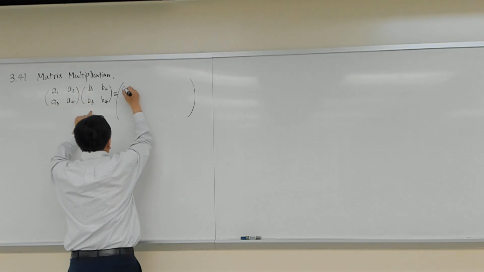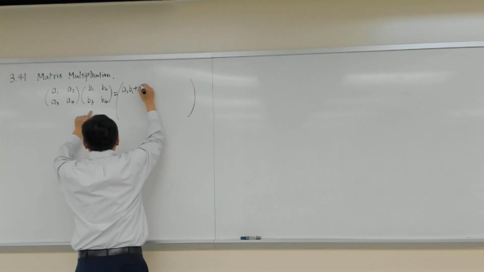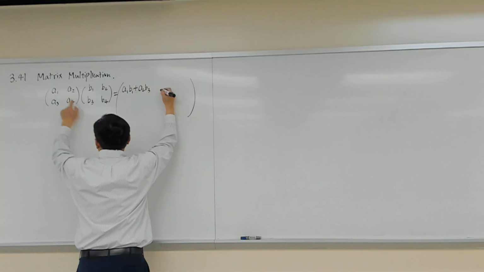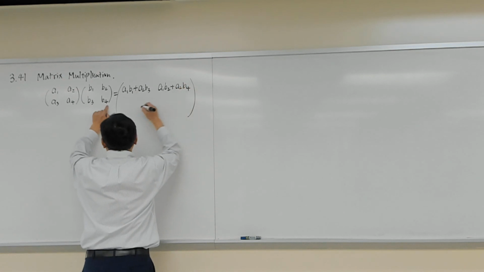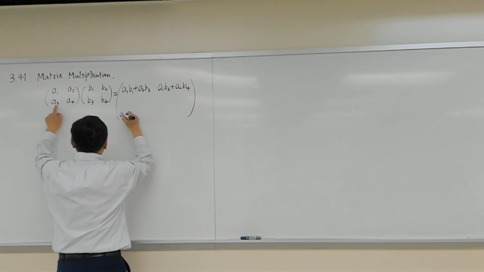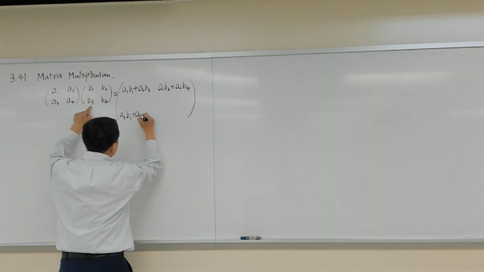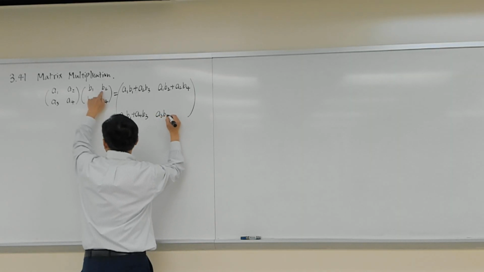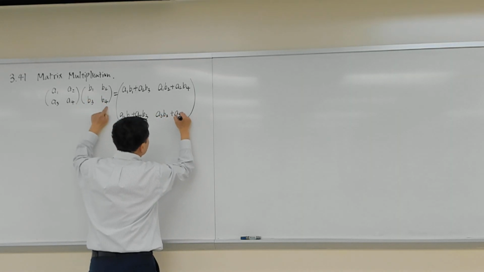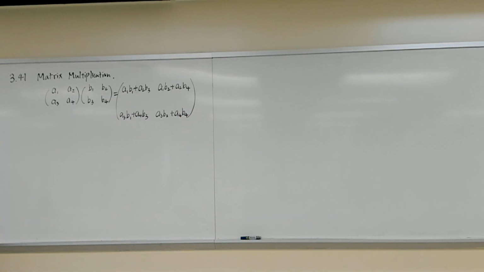So it's A1 B1 plus A2 B3, across and down this is A1 B2 plus A2 B4, across and down that's A3 B1 plus A4 B3, and A3 B2 plus A4 B4. So it's just revisiting this multiplication.